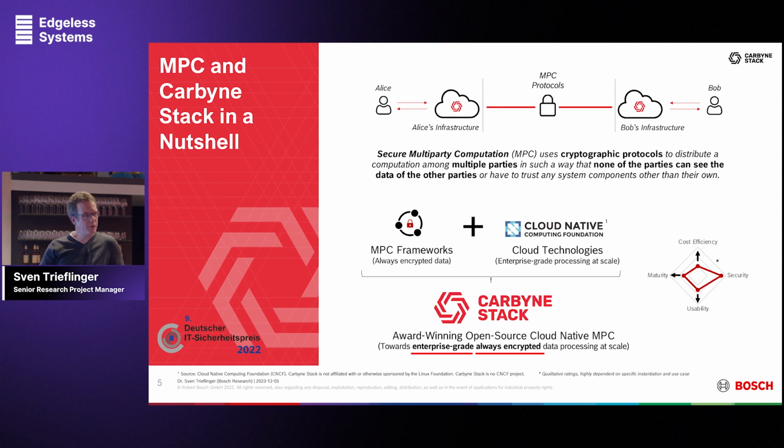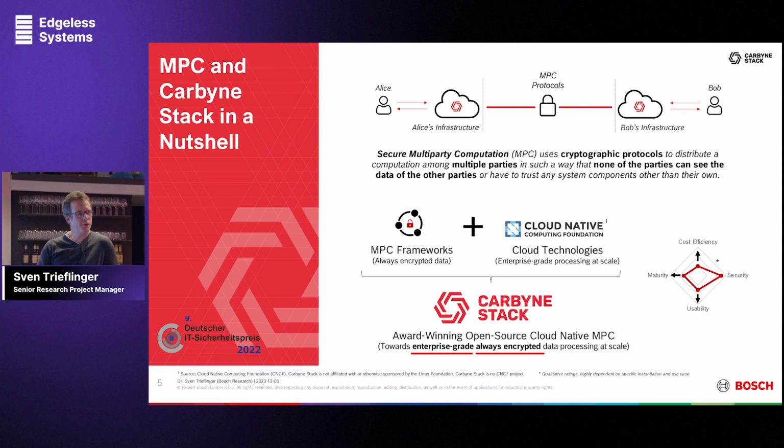And what we do with Carbyne Stack is we combine these secure multi-party computation cryptographic protocols with cloud-native technology. That's the reason why I'm here today to talk about this topic. Why we do this? Because we have seen a lot of progress in improving the efficiency of secure multi-party computation protocols over the last decade, basically. But what is missing today is how to deploy that stuff, right? That's something that we are interested in from the Bosch Research point of view because our business units are interested in it.